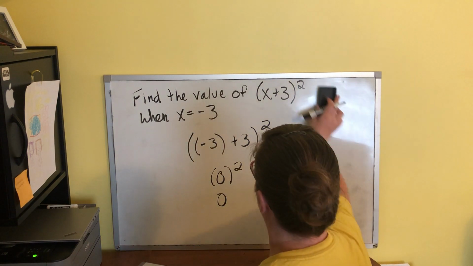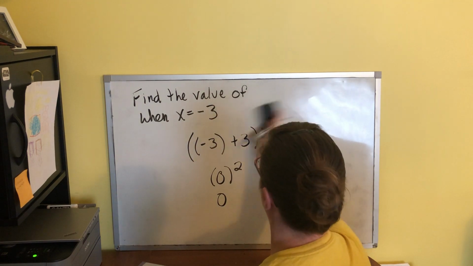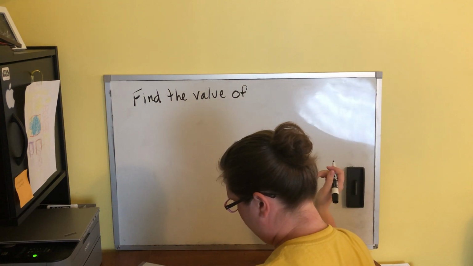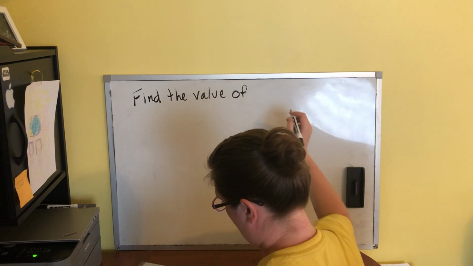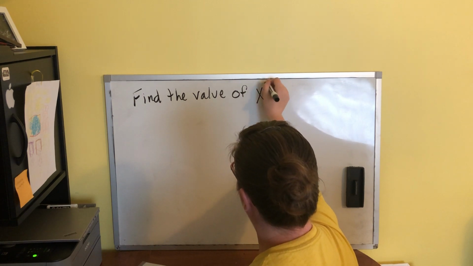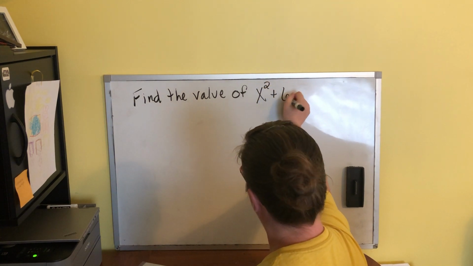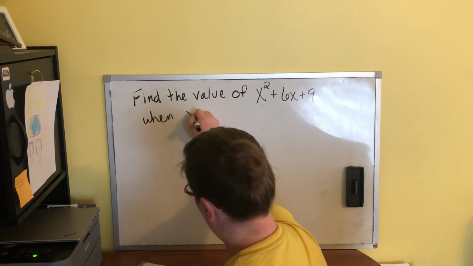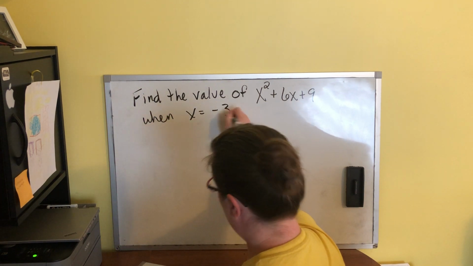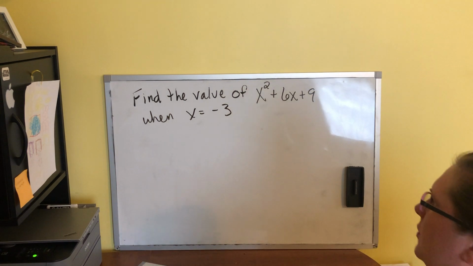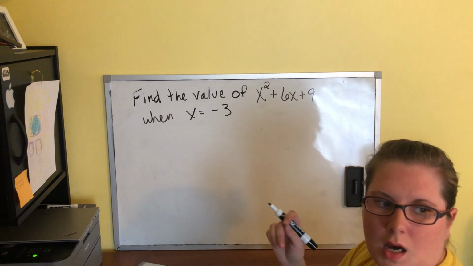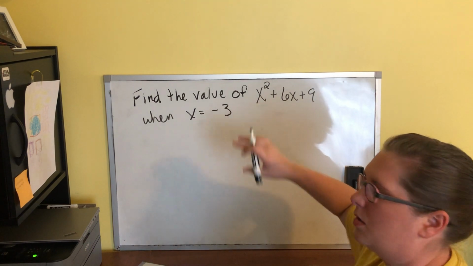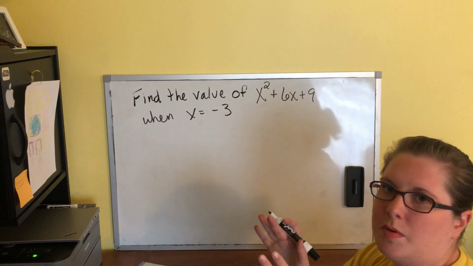All right, let's do another. Let's go ahead and find the value of x squared plus 6x plus 9 when x is negative 3. Now, if you noticed, I've been putting our values for our variables into the expression in parentheses.